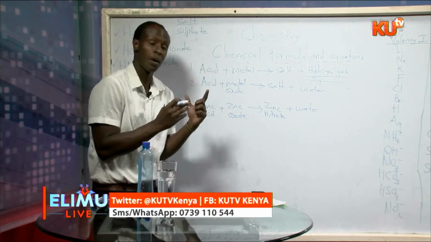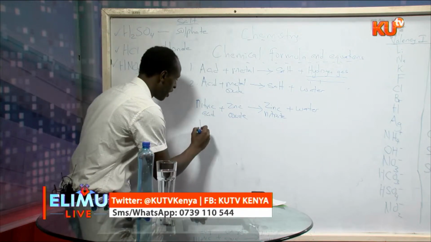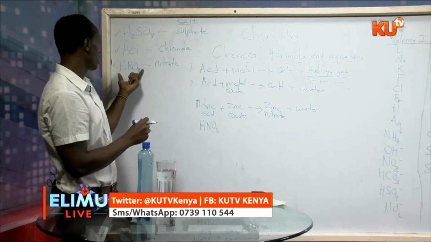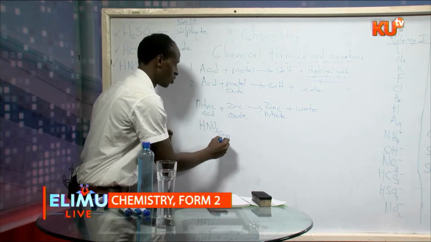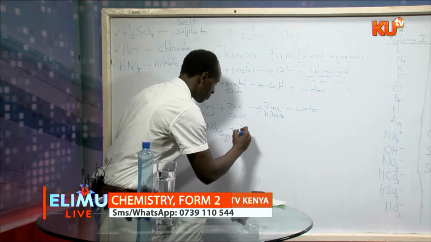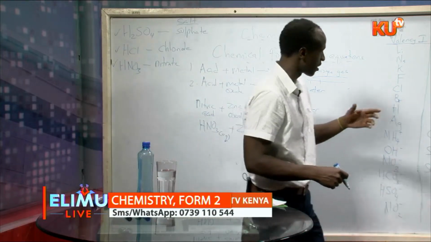Now you have to move to the chemical equation. So nitric acid, HNO3. Here is the formula for nitric acid, HNO3. All dilute acids are aqueous, so aq. Zinc oxide, ZnO. Here now you have to use valencies. How did I come up with zinc oxide?